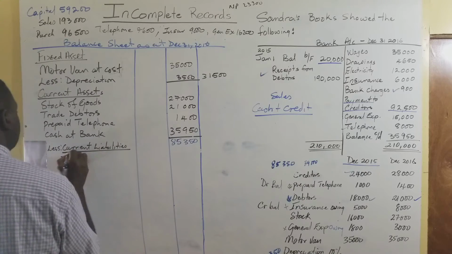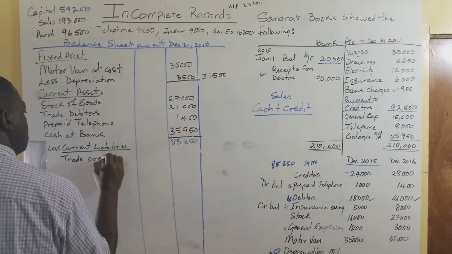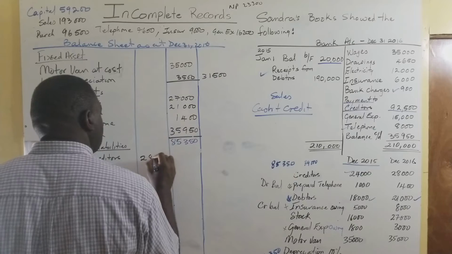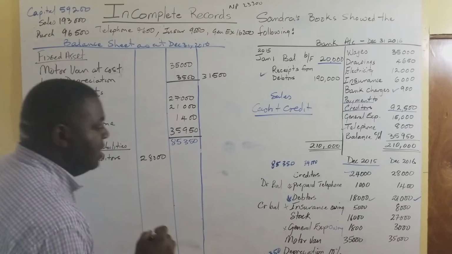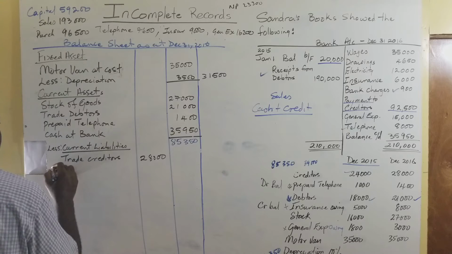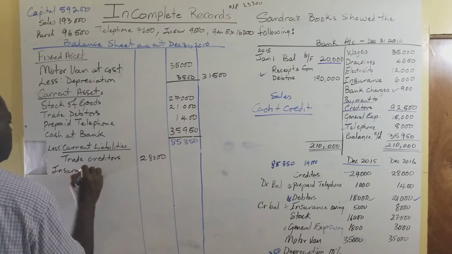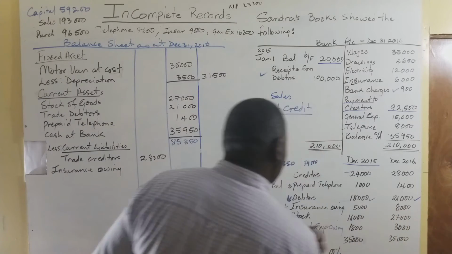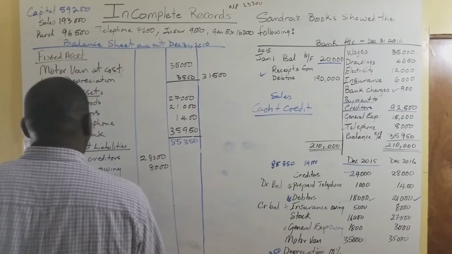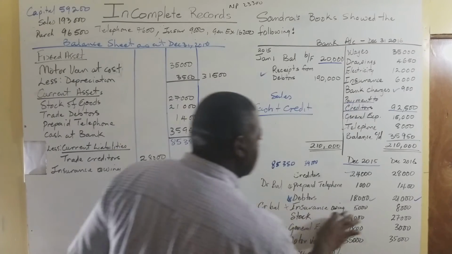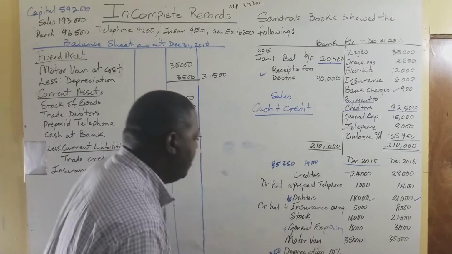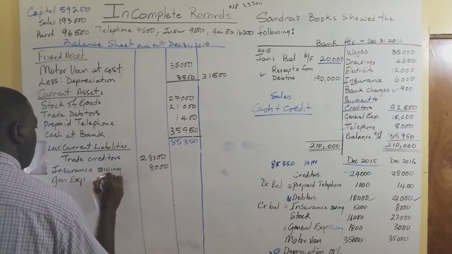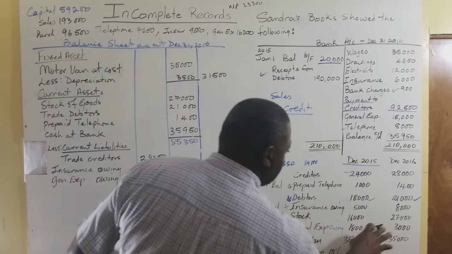We start with our trade creditors, and that's a closing figure, 28,000. We also have insurance owing, the closing figure is 8,000. Yes. And then we also have general expense owing, and the general expense owing is 3,000.